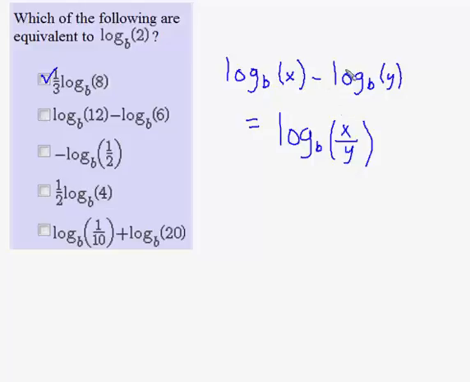So the difference of logs would be the log of the quotient. In my case, my x is 12, so it goes in the numerator, and my y, if you will, is 6, so it goes in the denominator. And since 12 divided by 6 is 2, I again get that this is equivalent to log base b of 2. So we can check this one as being equivalent to log base b of 2 as well.